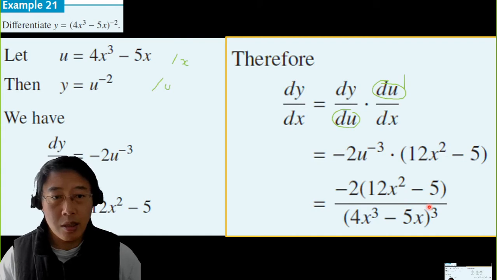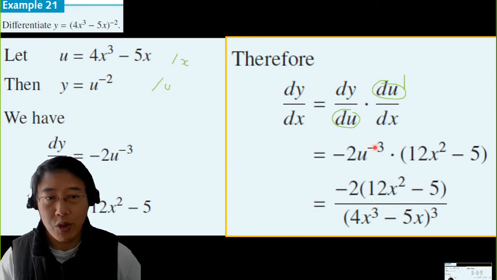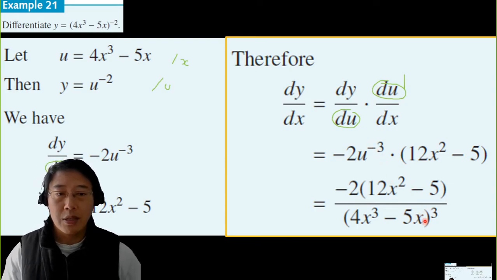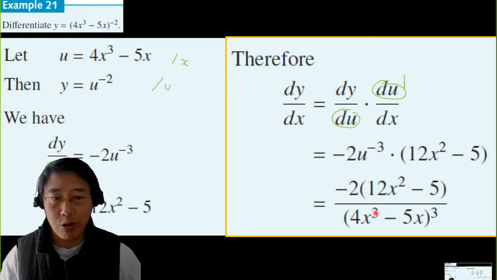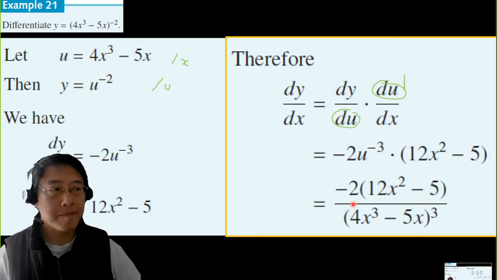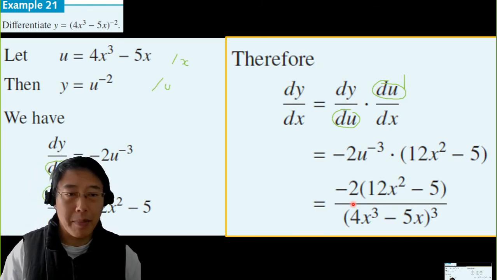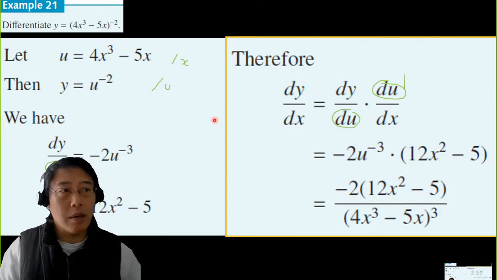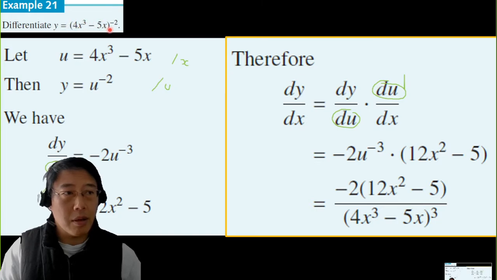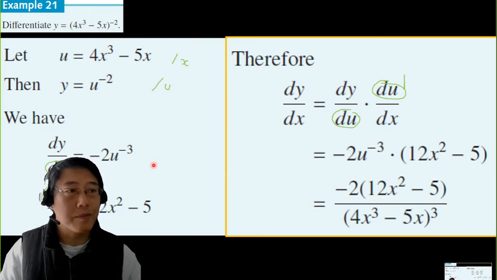What it did is the power of negative 3 you had over here, they turn it into a positive, so that becomes the denominator. Okay, so it's a nice factorized form. Just leave it factorized. Okay, and that's using the Leibniz method.